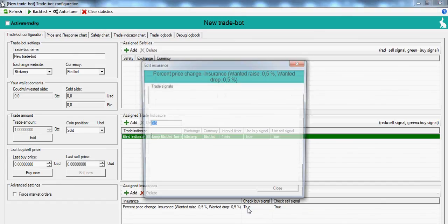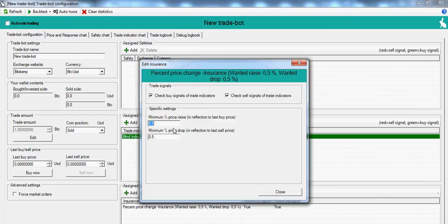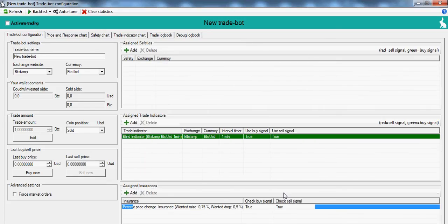You could also adjust this to slightly higher amounts. You could even put it at 1, or 0.75, etc. That way you're still going to be scalping, but you're going to trade less often with bigger profits. So that's up to you.